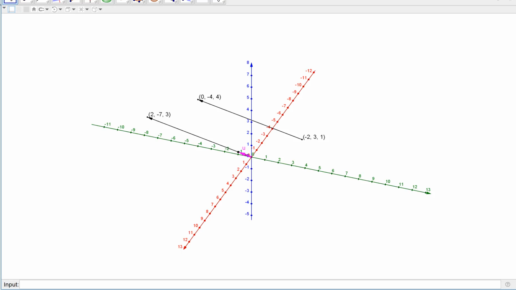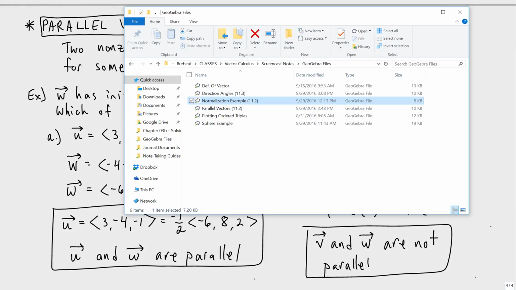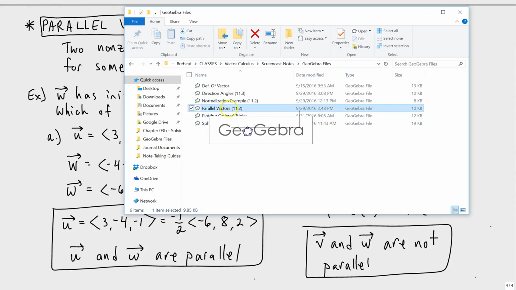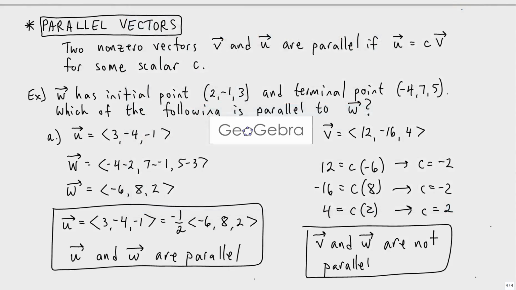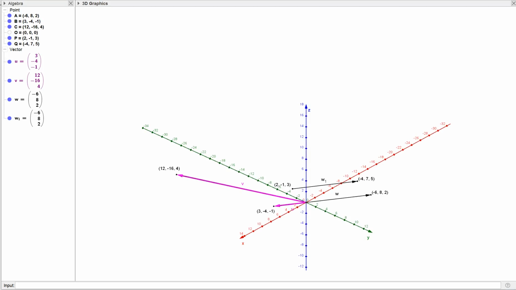Okay, so let's take a look at that using some software, to see what we mean by parallel. Again, we found that vectors w and u were parallel, but w and v were not.